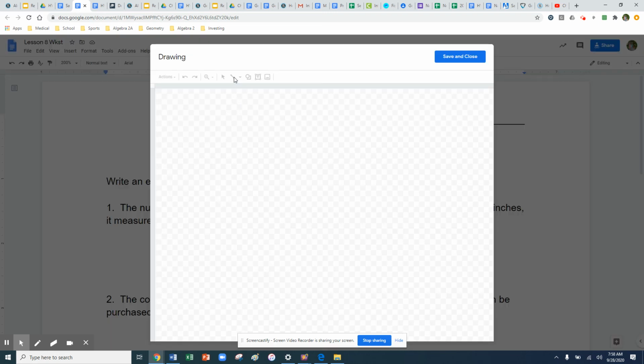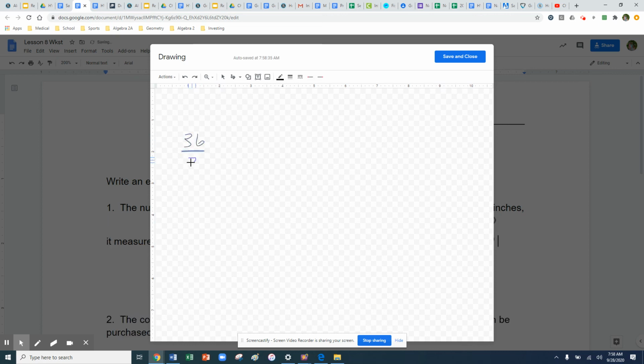And then this tool here, you can select the scribble. Down here, and then you can set up and write out your problem. So we had 36 inches was equal to 3 feet, and we want to know 288 inches is equal to how many feet.